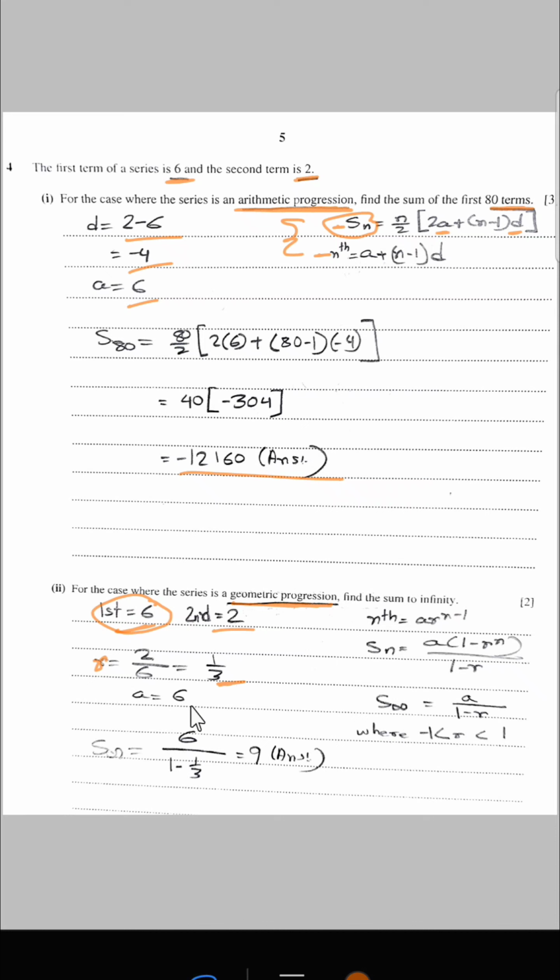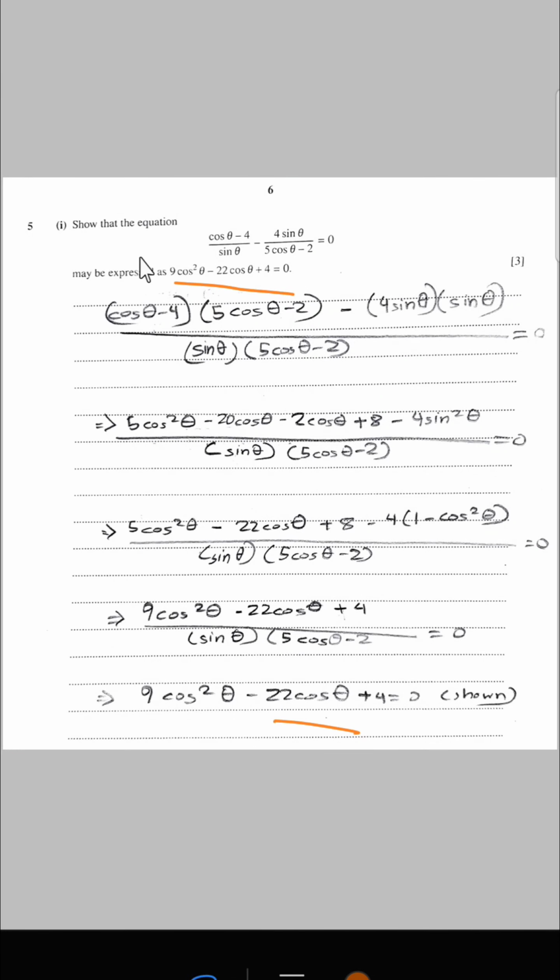We know r and a, so we can use the formula sum to infinity is equal to a by 1 minus r, where r is greater than -1 and less than 1. As we can see, r is in this range, 1 by 3 or 0.33. So the sum to infinity would be a, the first term, 6, by 1 minus r, that is 9.